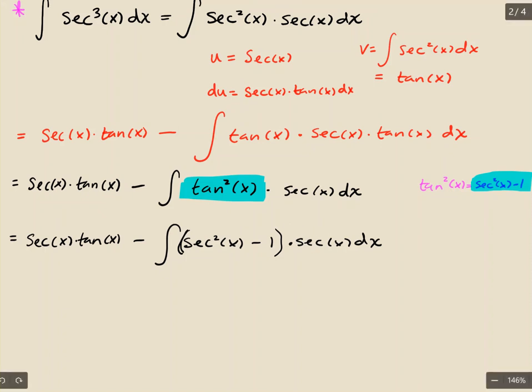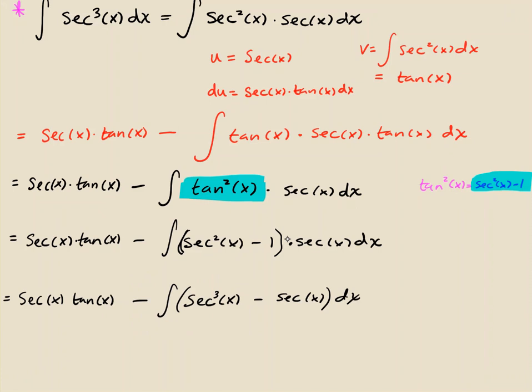So we've made the substitution, and now I think we can simplify our interior again. Remember, if we can simplify the interior, that's probably going to help us be able to integrate it. So why don't you take a moment and pause the video, simplify the interior. When you think that you've done so, unpause to check your work. So whenever we distribute, we get secant cubed minus secant of x.